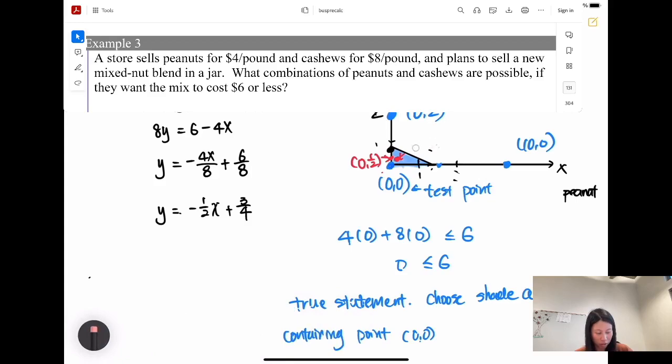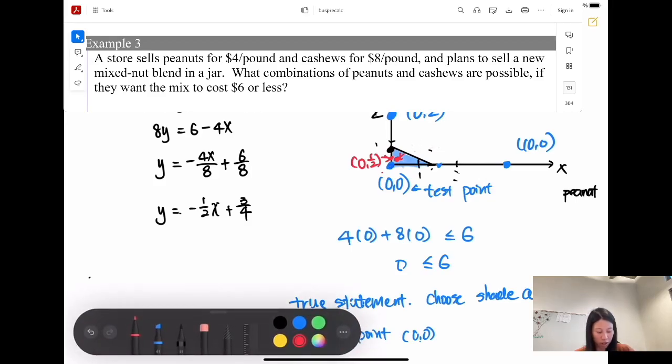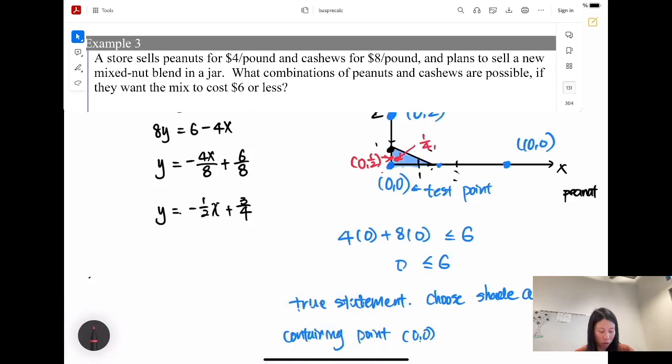I wrote that wrong. So if this is another point, it's 1/4 and 1/2. That means 1/4 represents the weight of peanut. If you put 1/4 pounds of peanuts and 1/2 pounds of cashews, the total cost of the jar is still less than $6. What does that mean?